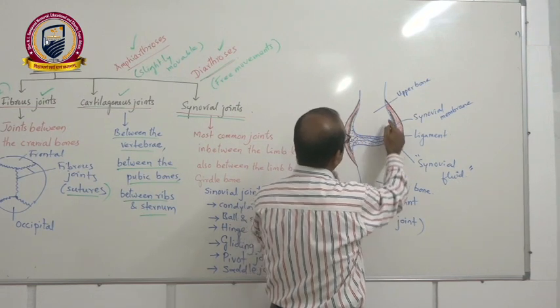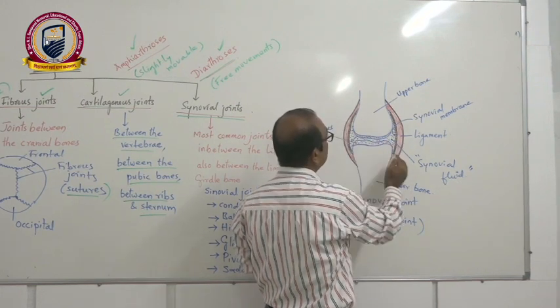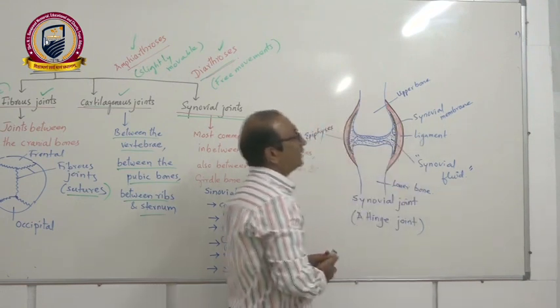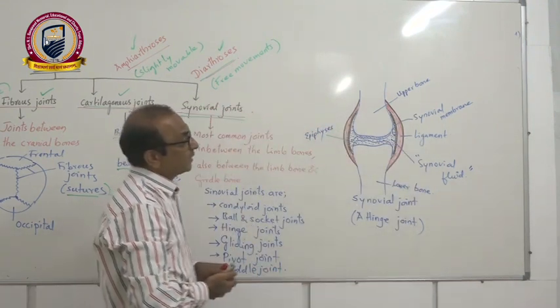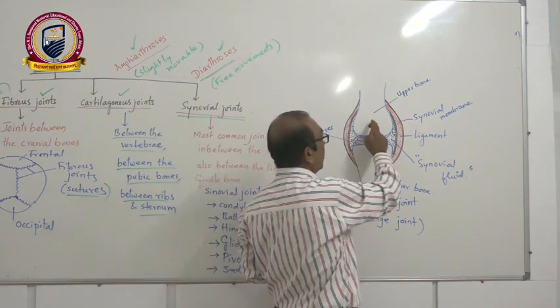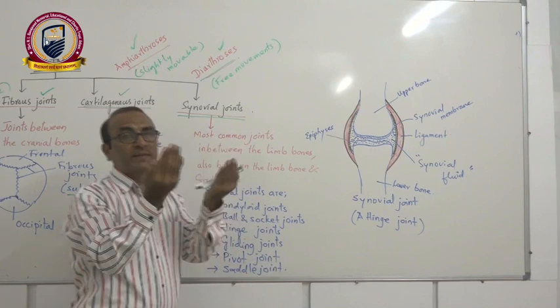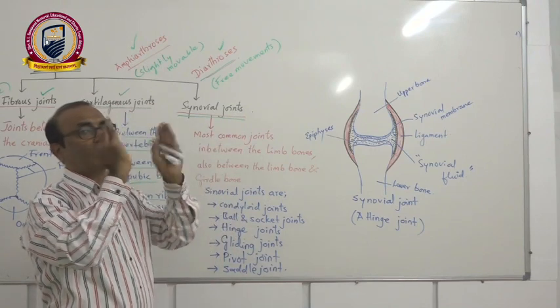All this becomes a small cavity inside, and outside it is covered by thick ligaments. Ligaments join one bone with another bone and hold these bones together on the sides all around.